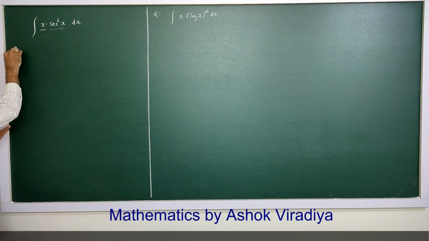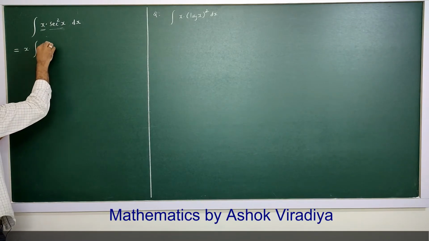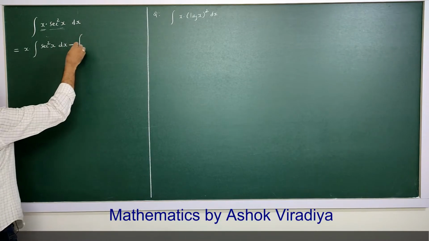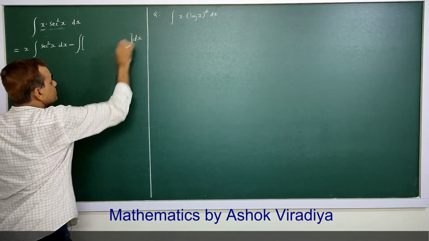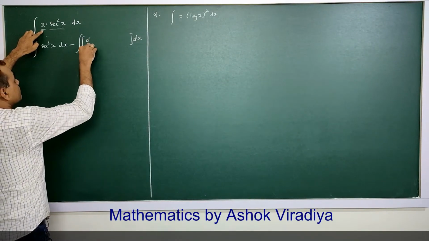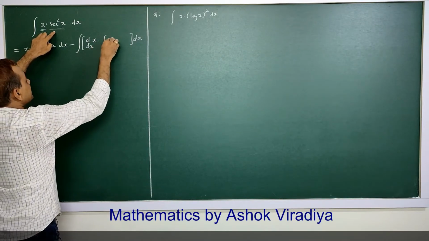So using u into v, u as it is, integral of v, minus integral of box. In the box, derivative of u into integral of v.